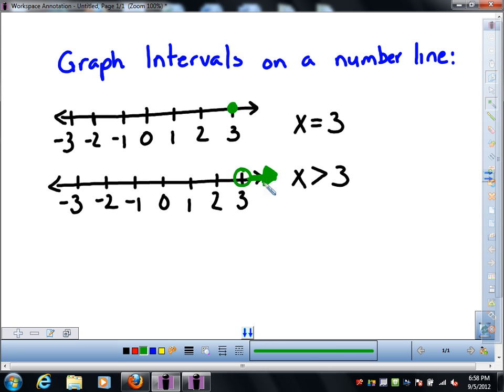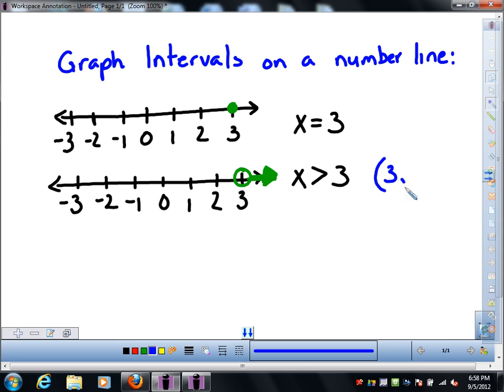When we write that as an interval, it looks a little different than what you've seen before. We have this thing called an interval, and what that interval means is this. We're starting at the number 3. We're not including the number 3, so we put a parenthesis around that. Then we say, how far is this going?